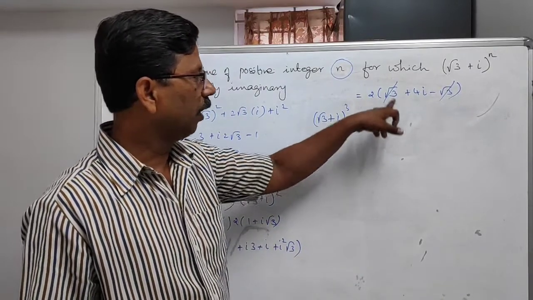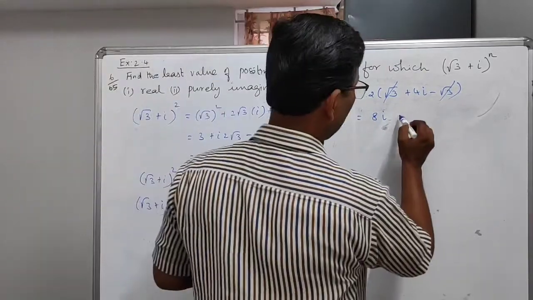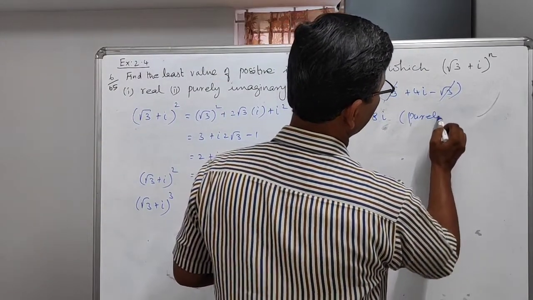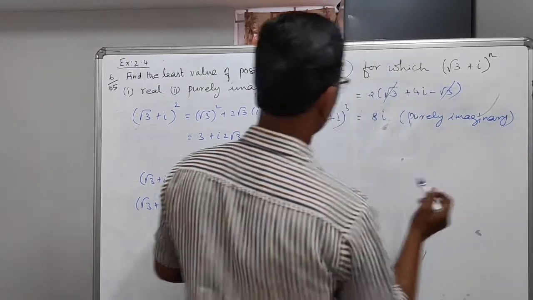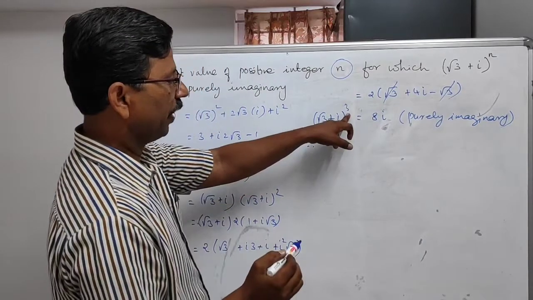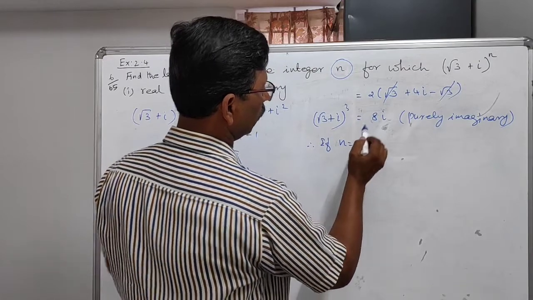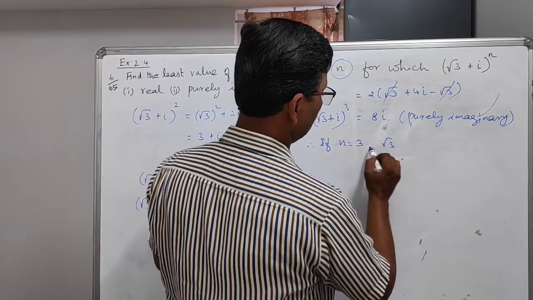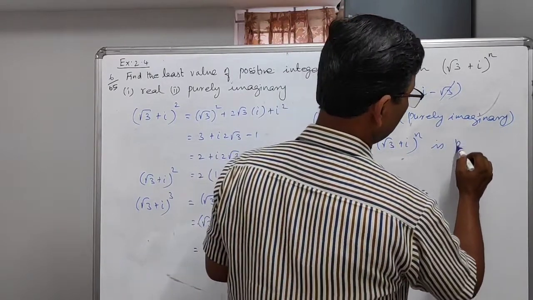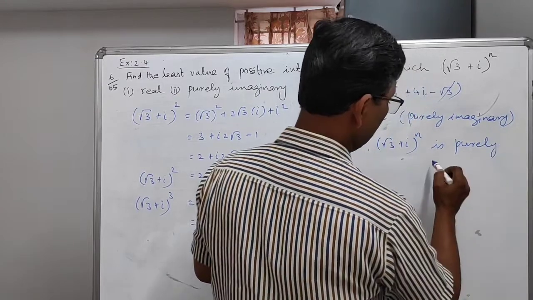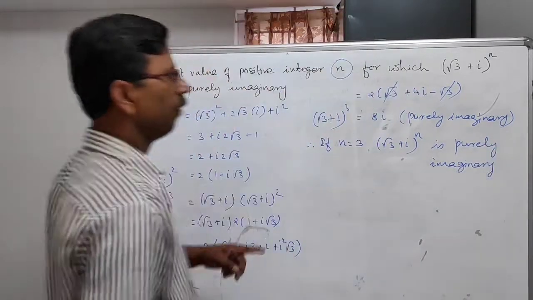Now here there is no real part, hence we can say it is purely imaginary. Therefore, we can say the value of n equal to 3. Therefore, if n equal to 3, (root 3 plus i) whole power n is purely imaginary.